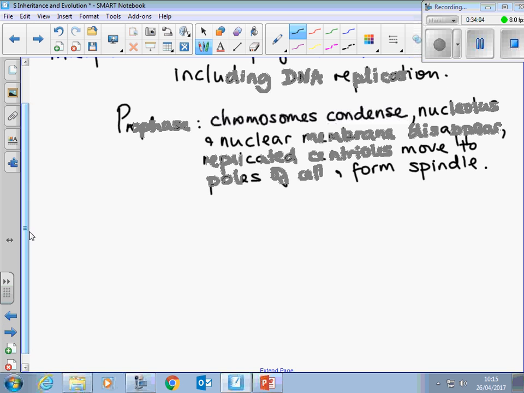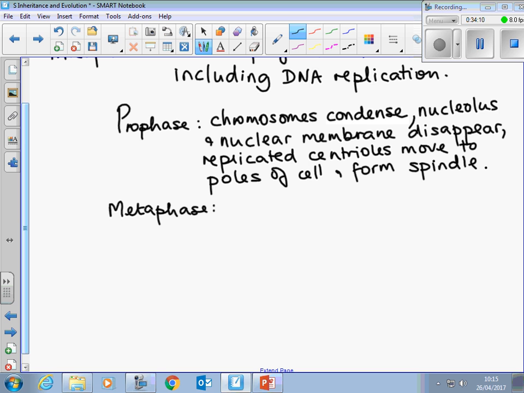Next one then, metaphase. This is where the chromosomes, well, I shouldn't really be calling them chromosomes, should I?